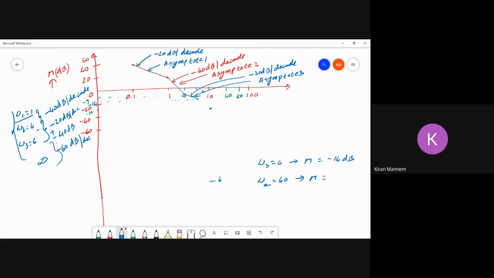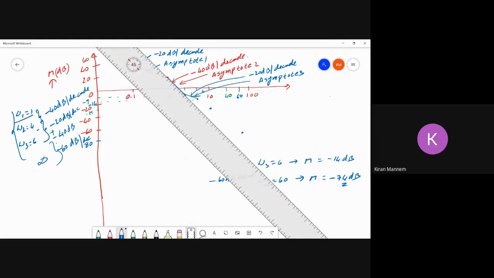With slope minus 60 dB per decade, that's why we multiplied by 10. So minus 60 minus 14, it is minus 74 dB. So identify the minus 74 dB at, let us say, 60. You have the slope at this point, right? Now draw the line from this point to this point.